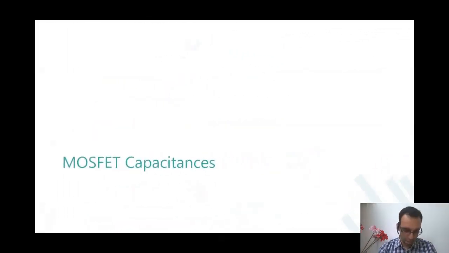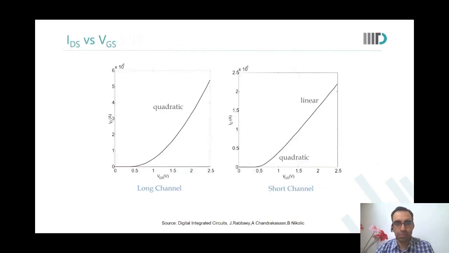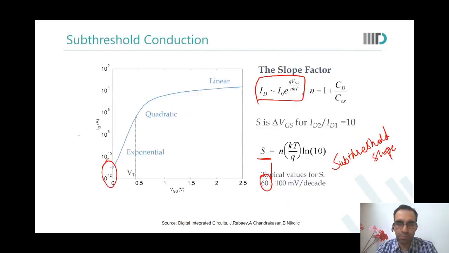Sir, I'm sorry, but I'm still a bit confused. In the previous slide, can you show me the small channel length modulation? There it's first quadratic, then linear, and this is ID versus VGS, right? And then in the graph for subthreshold, the slope is decreasing.